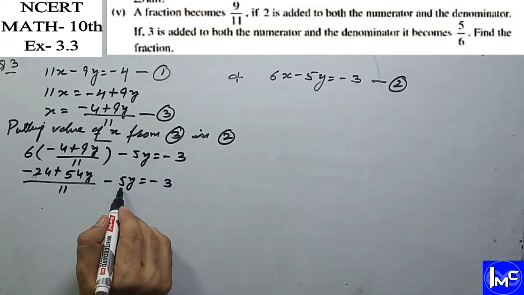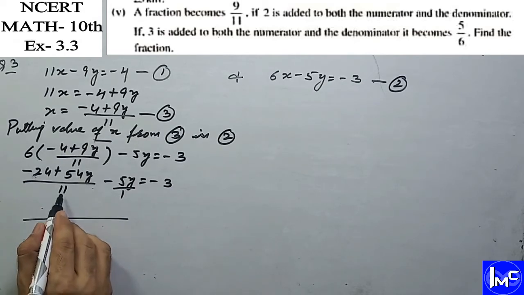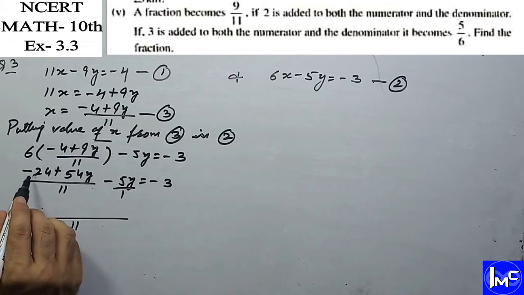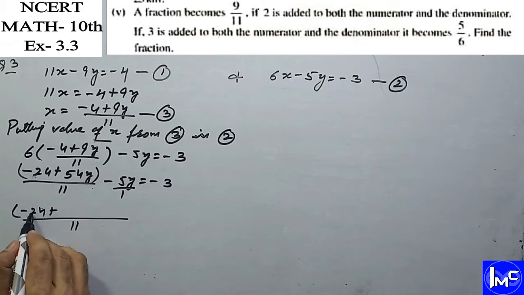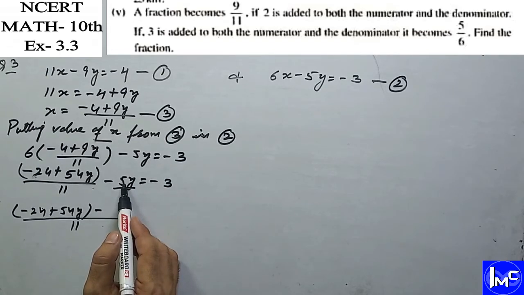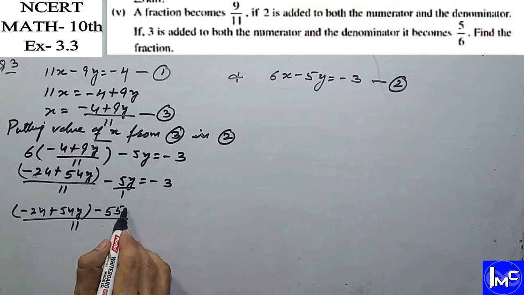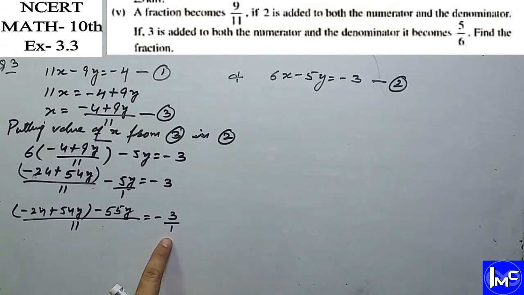For solving this, we will take 1 as the denominator of this 5y, and the LCM of 11 and 1 is 11, and this will be the same, minus 24 plus 54y minus, and we know that 11 will be multiplied with 5, that will be 55y is equal to minus 3 over 1. You can take 1 as denominator because there is no denominator given.